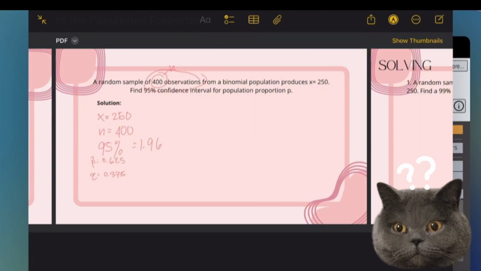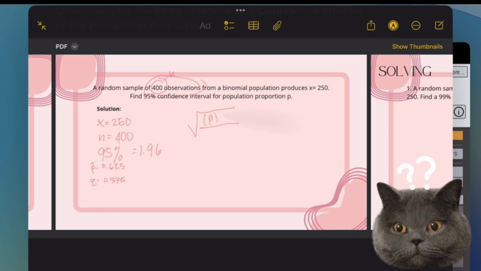Ngayon, dahil meron na tayong p hat at q hat, kukunin natin si SE, si standard error. Ngayon, ano yung formula natin para makuha si standard error? So, we have a square root, fraction line, and then p hat times q hat over n.